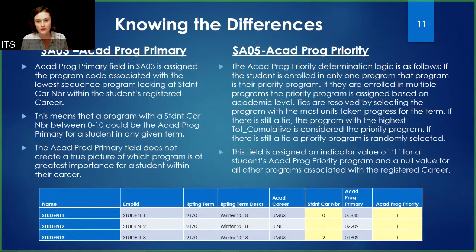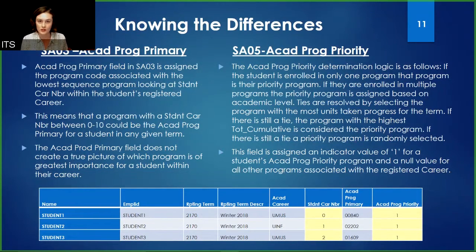But we're gonna do our best here to highlight these differences. So in the student records data set, you end up having the program under a student's career selected by the lowest sequence number. The lowest sequence number has to do with the timeline in which the programs were entered. So the first one is 0, the second one is 1, third one is 2.